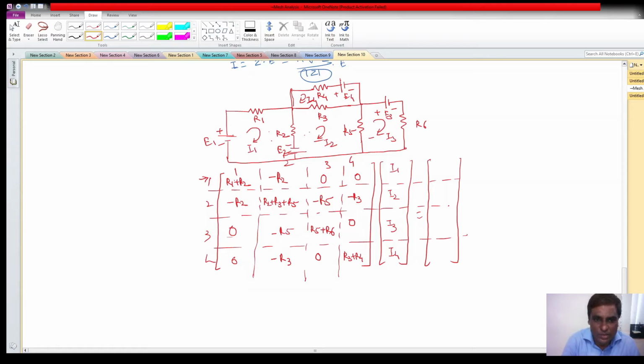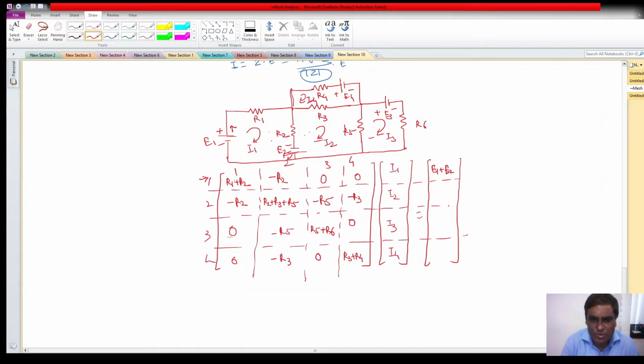Now let us come to all the voltage sources present in the network. Here you can see that current is coming out from battery E1 and going into the negative terminal of the other battery, or again coming out from the positive terminal. So it will be the sum of the voltage sources: plus E1 plus E2.